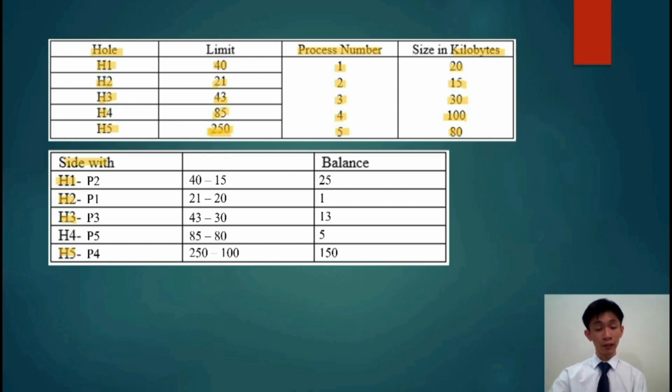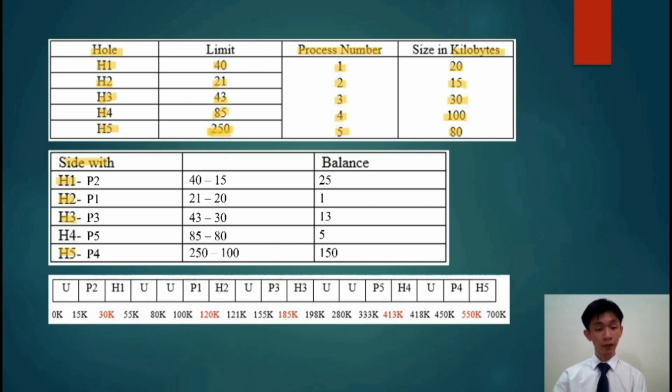The next step, the last step, is by doing this table. So how do we do it? We use the memory configuration. You just add P2 behind the hole.